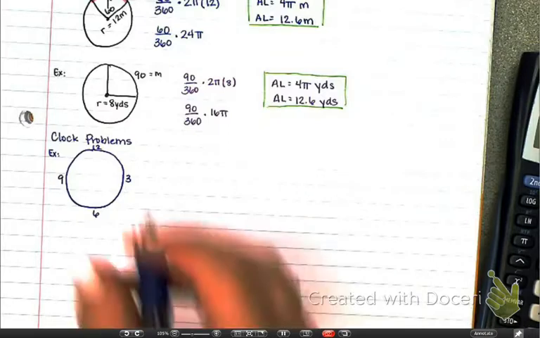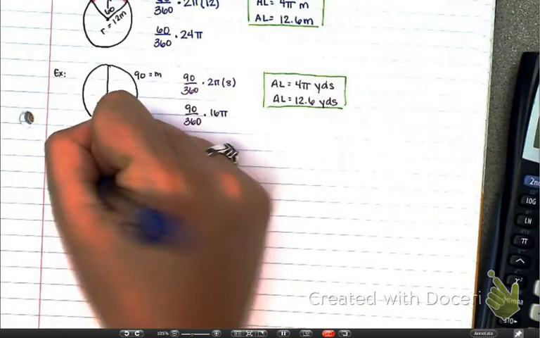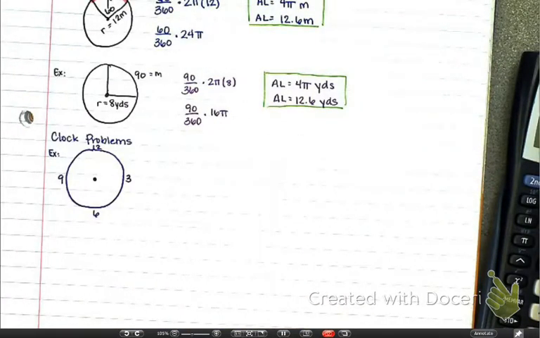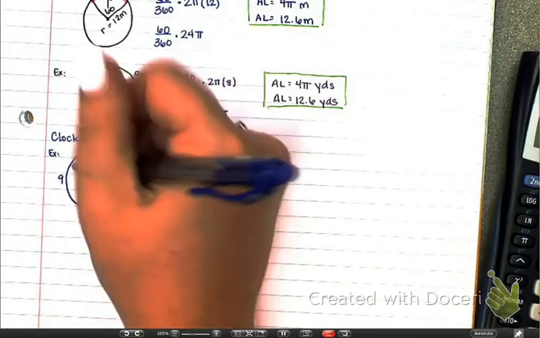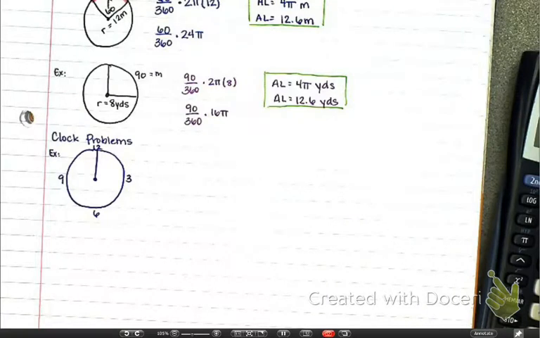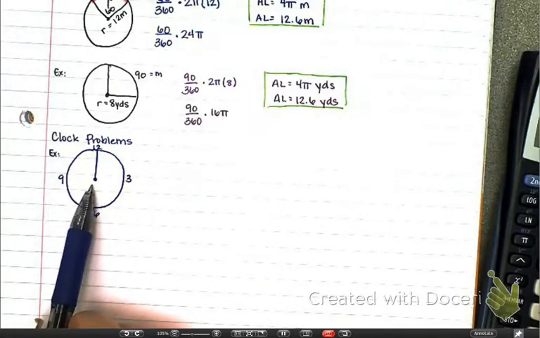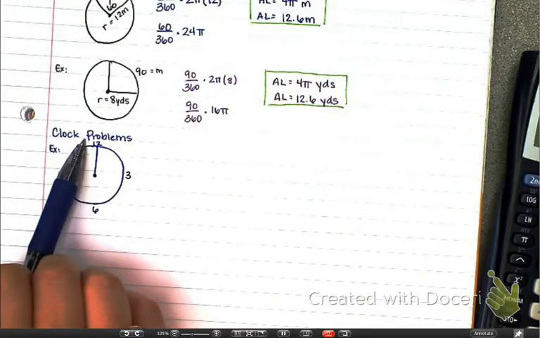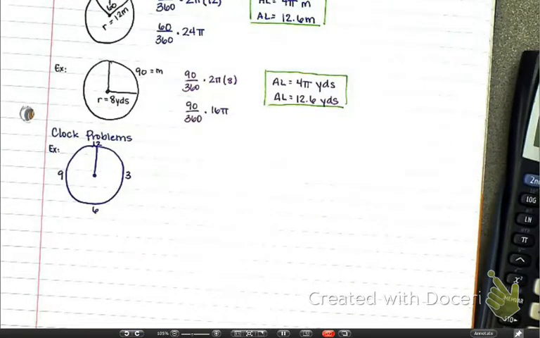So if the minute hand starts in the center of my circle and goes all the way to the 12, what else is my minute hand going to technically be when I'm talking about a circle? If the minute hand goes from the center to a point on the circle, what is my minute hand? The radius.